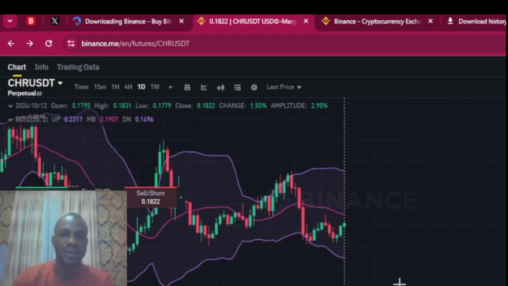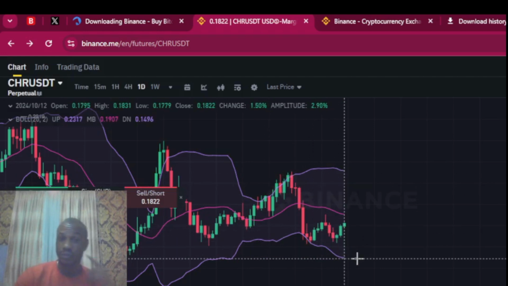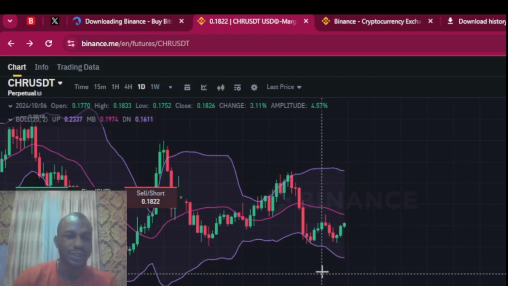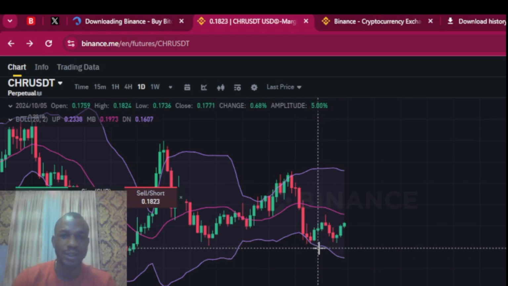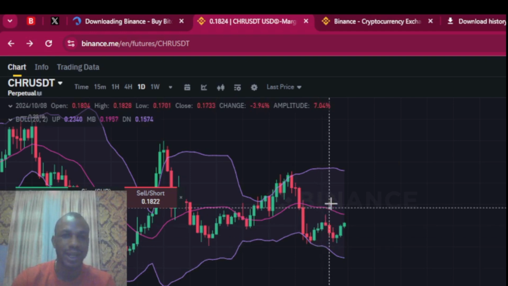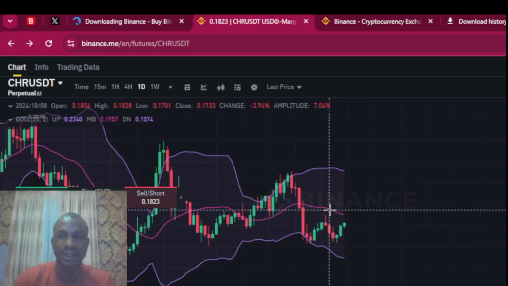I'm going to save it, and this is what we have now. In this indicator, we have the lower band and the upper band. Those are the two bands that we have. The third one is the center band, which is also a critical line for us in our analysis.